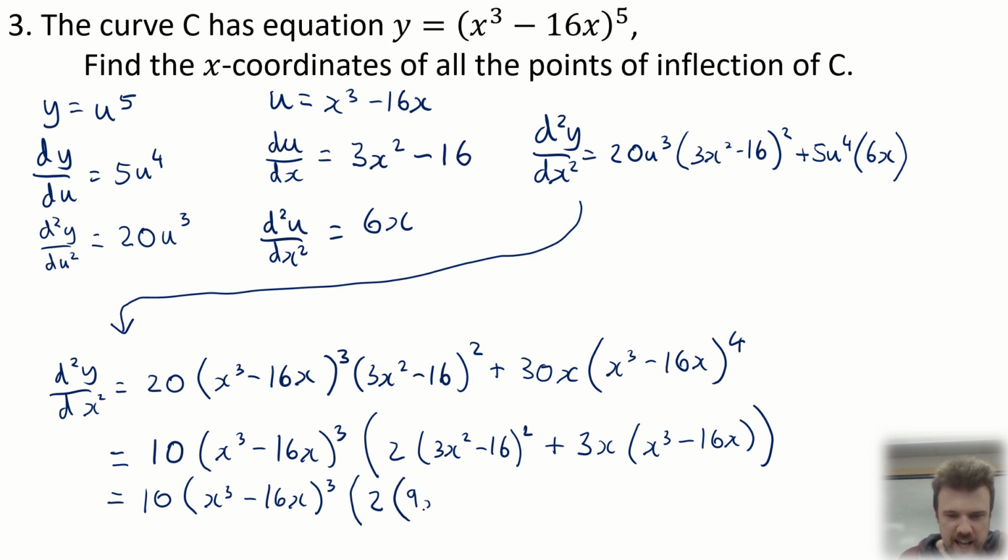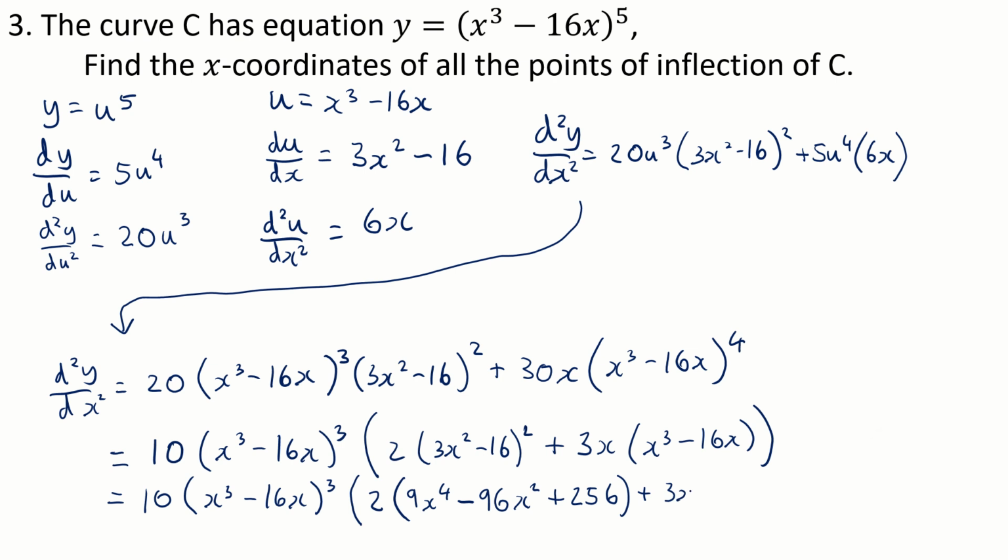That's going to be 9x to the power of 4. 3x squared times 16 is 48x squared, double it because it's the square bracket, so it's minus 48 times 2, which is 96x squared. And then plus 16 squared is 256. Wow, big numbers. And then we're having 3x to the 4, and we've got minus 48x squared.